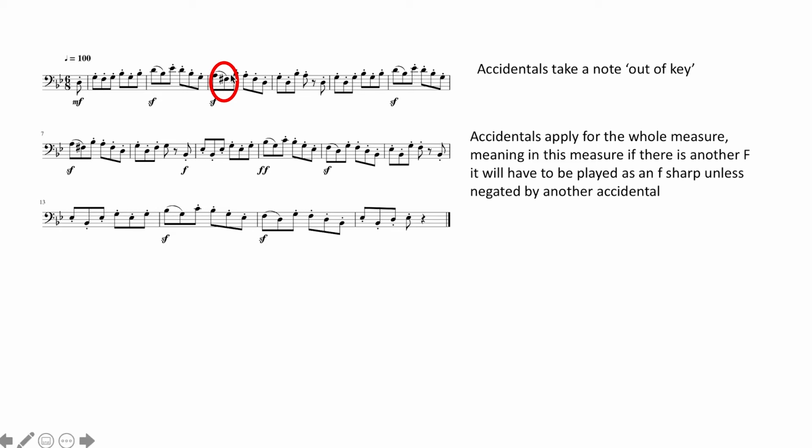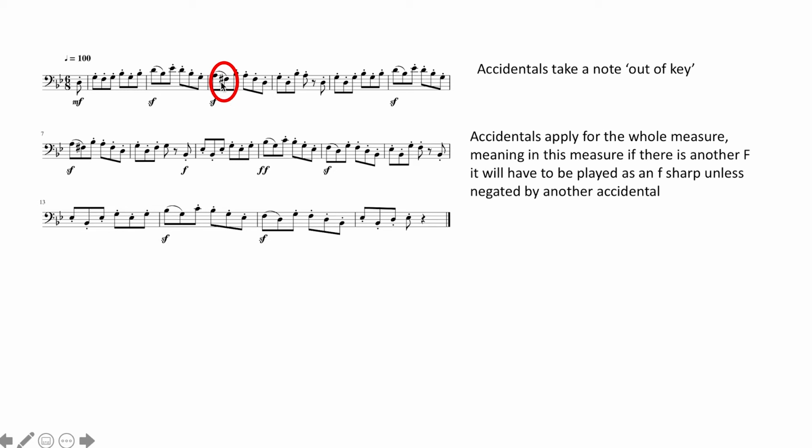So normally, when you look at that, you'd go, well, that's out of key, and that's why it's called an accidental. The tricky thing with accidentals is that they apply for the full measure. So you see this F being an F sharp. If there was another F in this measure, which there is right here, you'd have to play it sharp.